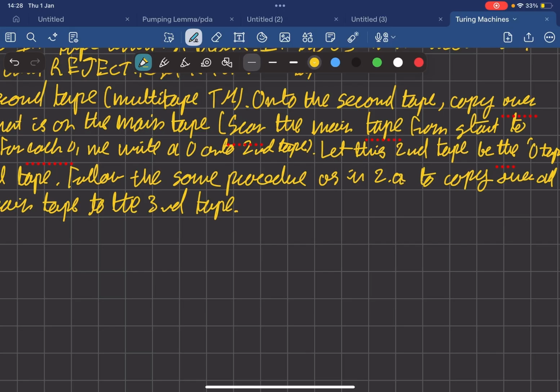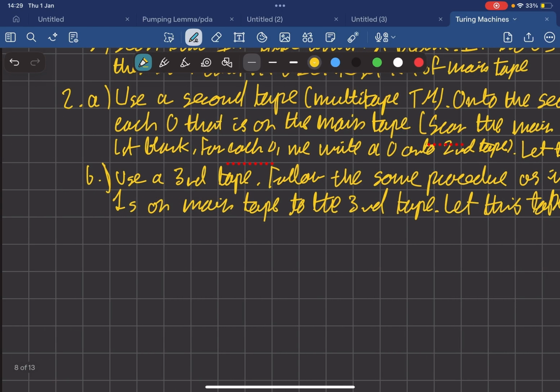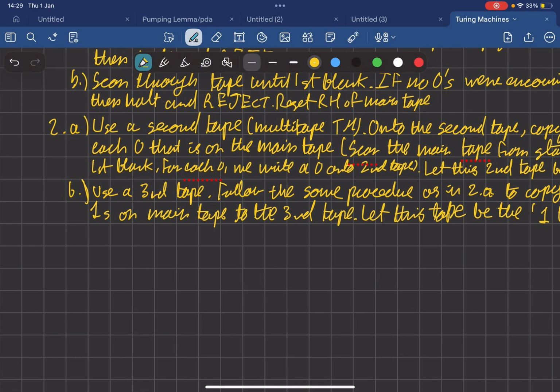And let this tape be called the one tape. So that's the one. There we go, one tape. Okay, now we have all the characters copied over to separate tapes.